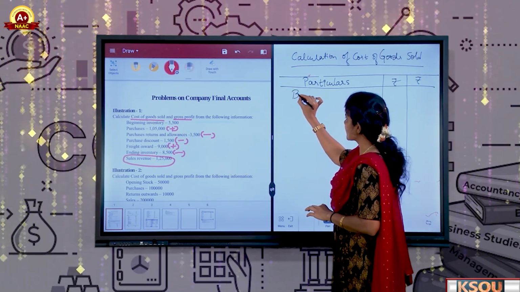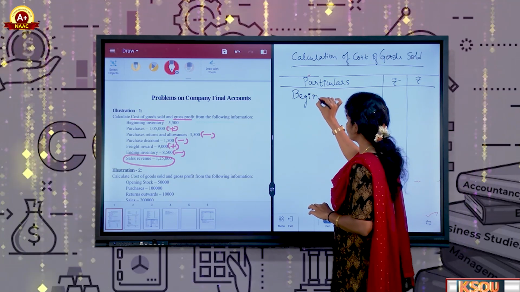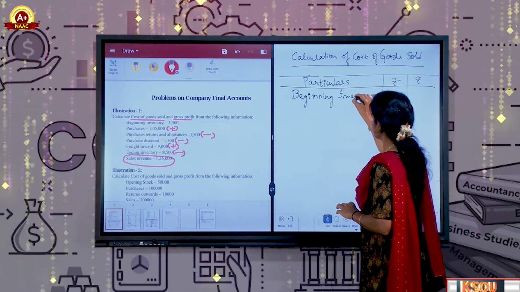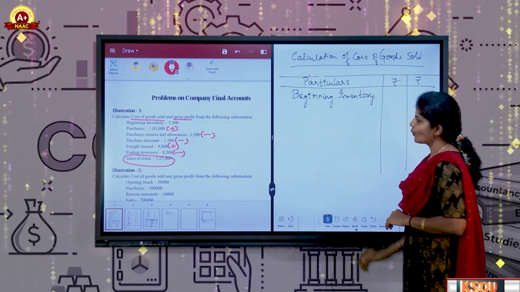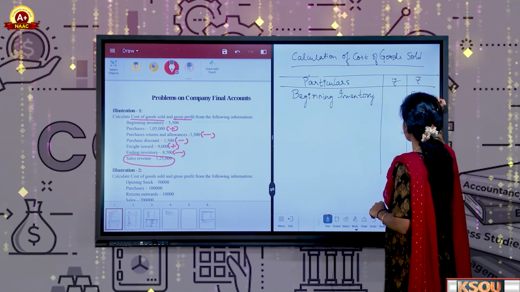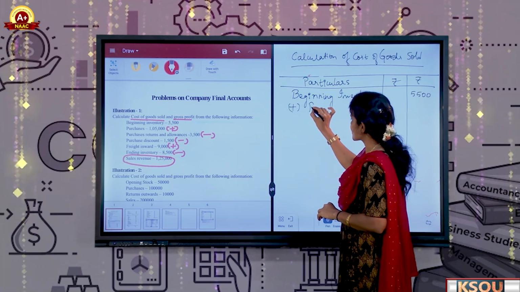Beginning inventory is nothing but the opening stock. Let us take this beginning inventory. What is the amount of beginning inventory? It is 5,500. Next, add purchases.